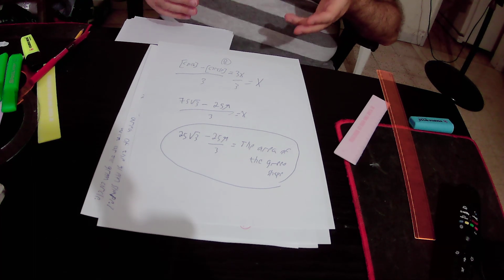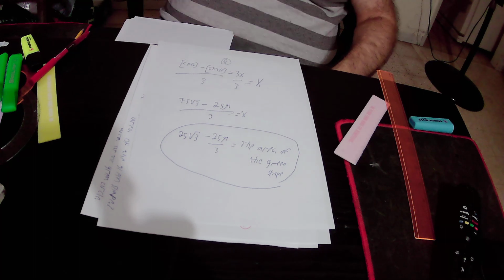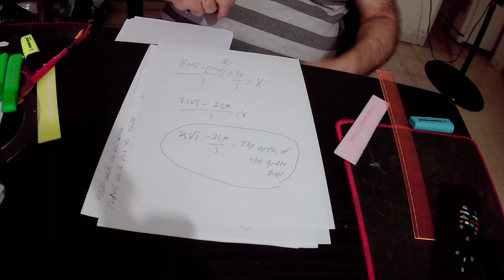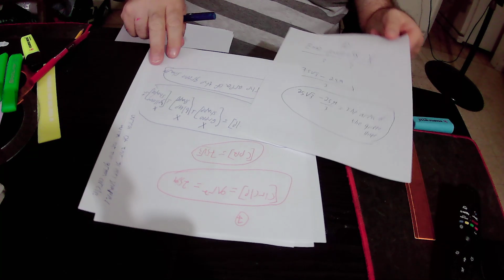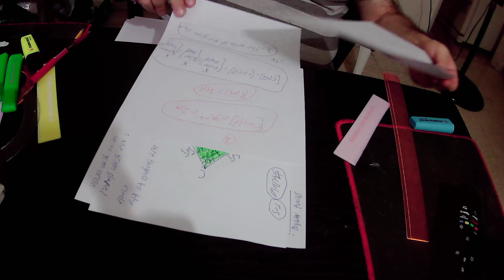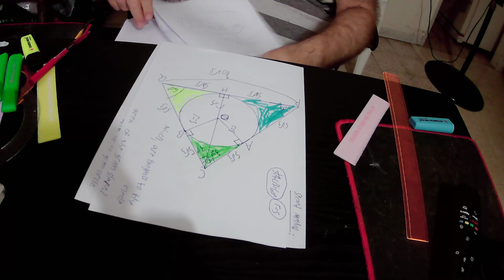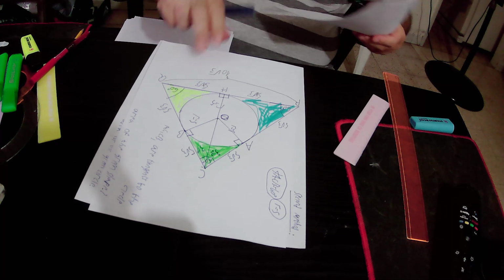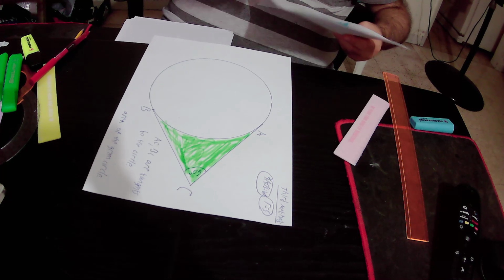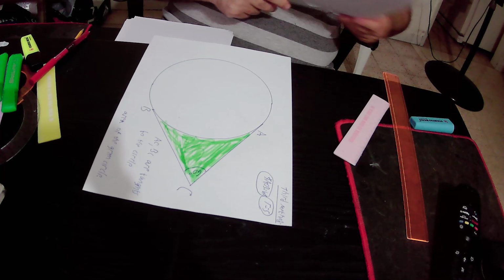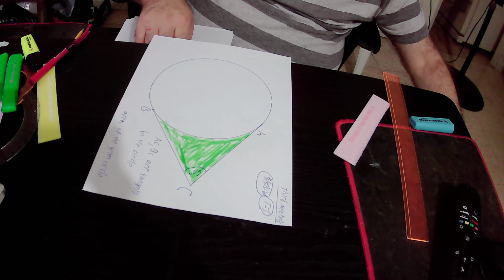So the area of the green shape equals this expression. So we finished finding the area of the green shape according to the second method. In the next step we will find the area of the green shape according to the third method.